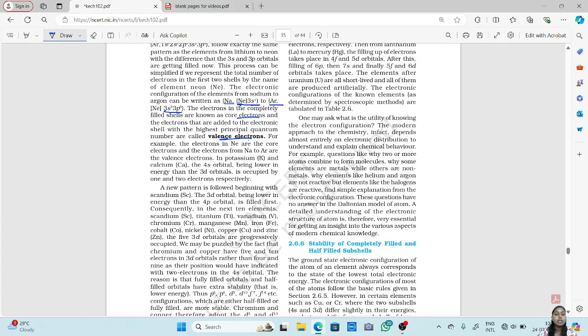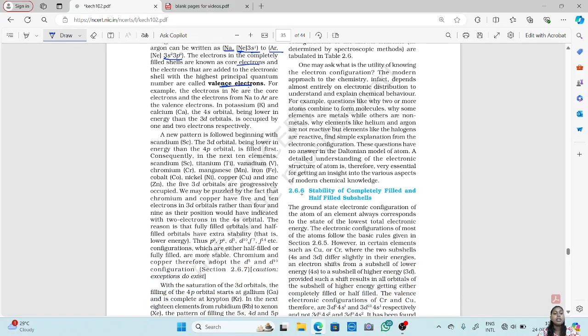Now, this is where we will start with the d orbitals. A new pattern is followed beginning with scandium. Scandium, being lower in energy, the 3d orbitals are filled before the 4p orbitals. Consequently, the next 10 elements: scandium, titanium, vanadium, chromium, manganese, iron, cobalt, nickel, copper, and zinc.